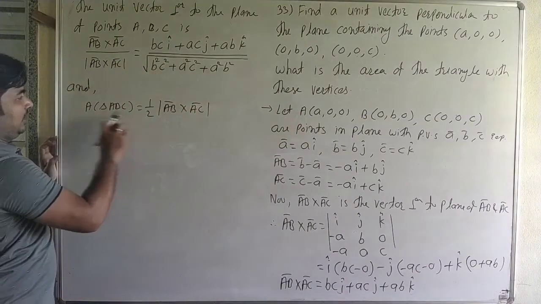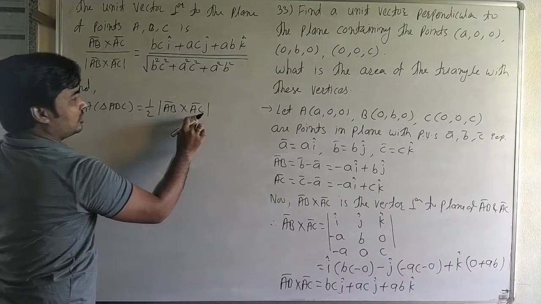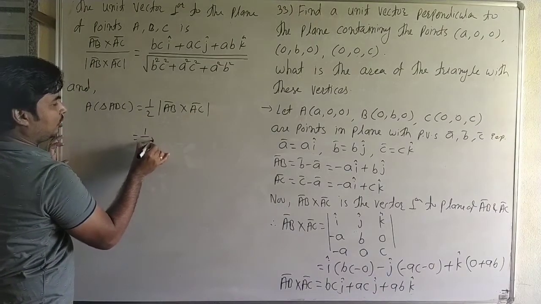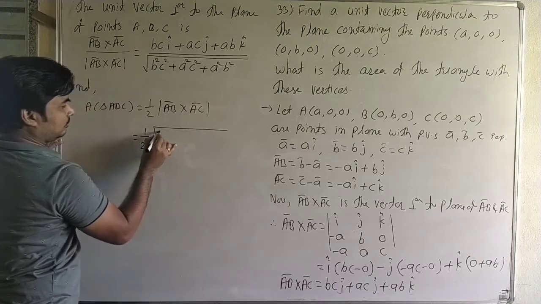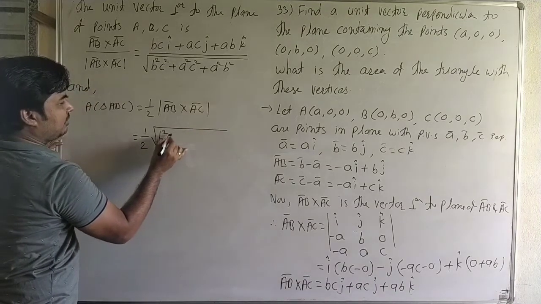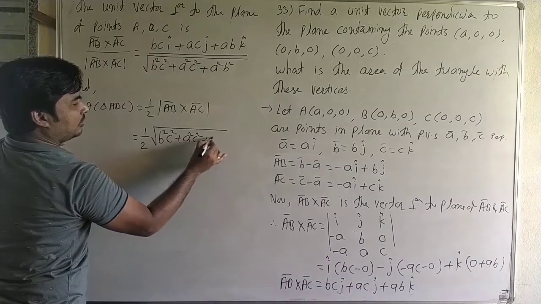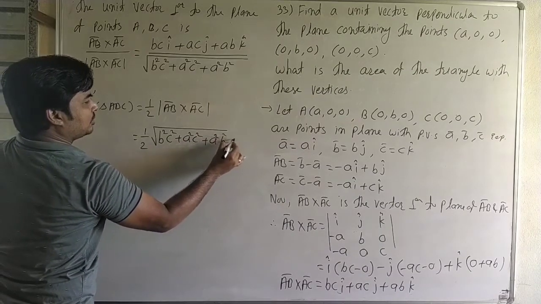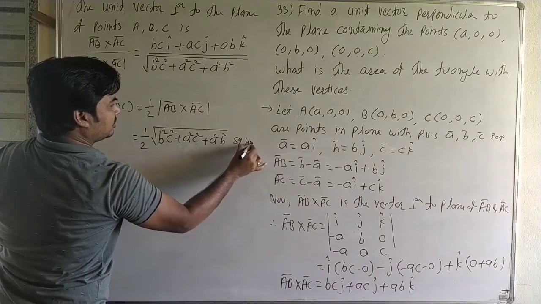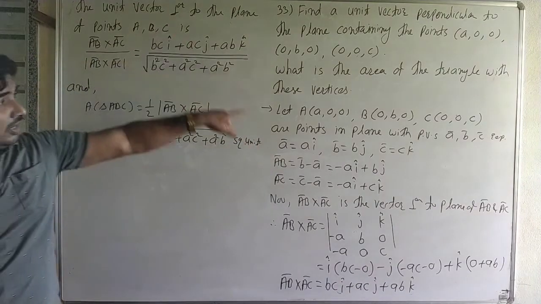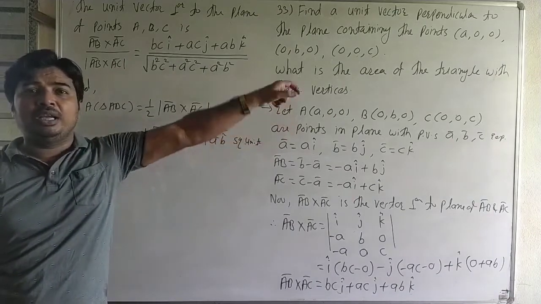Okay, area of triangle is 1/2 the magnitude of AB cross AC, and then it is 1/2 under root of B square C square plus A square C square plus A square B square units. Okay, it is the area of the triangle whose vertices are A, B and C.